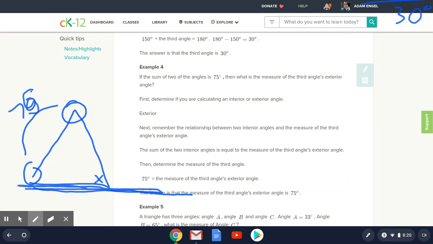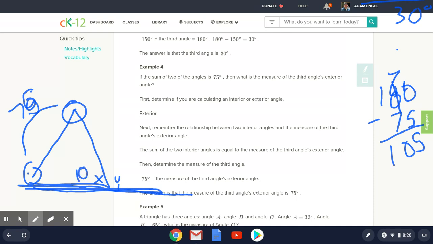We're trying to figure out this angle, X, and then angle Y. We know that the three angles in the triangle add up to 180 degrees. So 180 minus 75 would get us 105 degrees right here. It's an obtuse triangle, right?